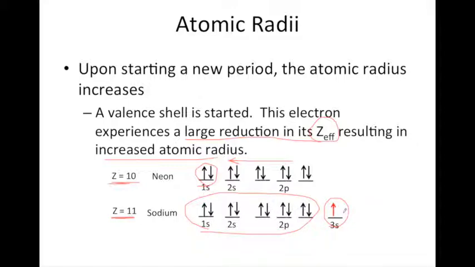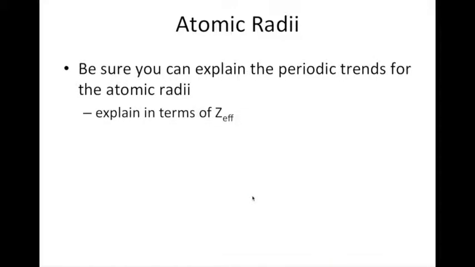So this electron will experience a very large reduction in the effective nuclear charge, meaning that it's not going to be drawn as tightly to the nucleus. This results in an increase in atomic radius anytime we start a new period. So be sure you can explain these periodic trends for atomic radius, and be sure you can explain them correctly and completely in terms of effective nuclear charge.